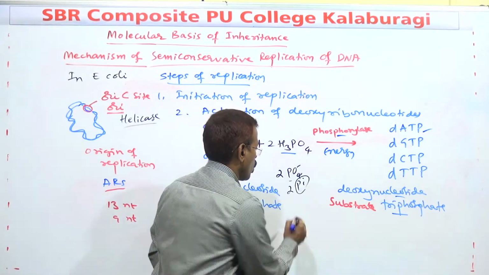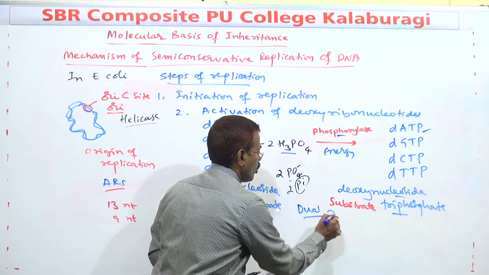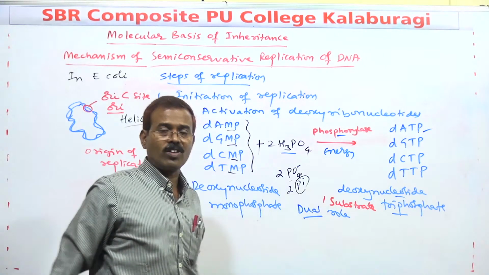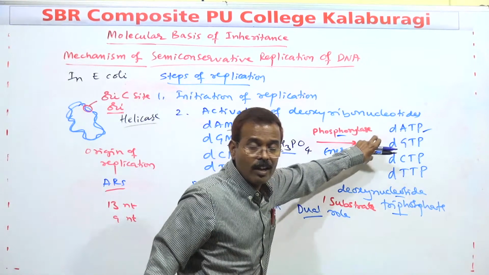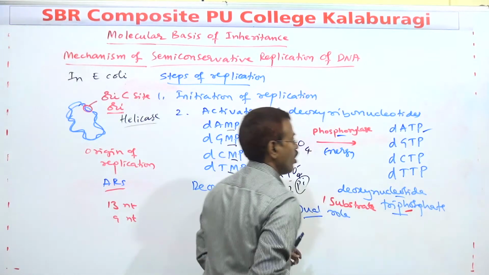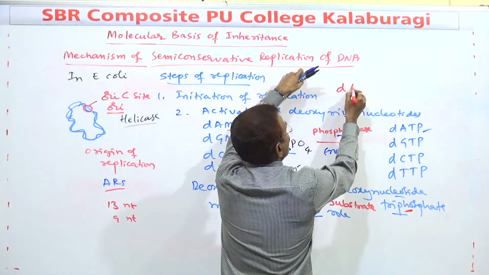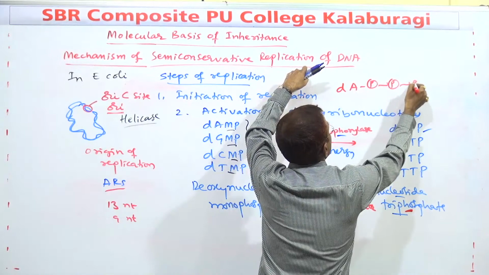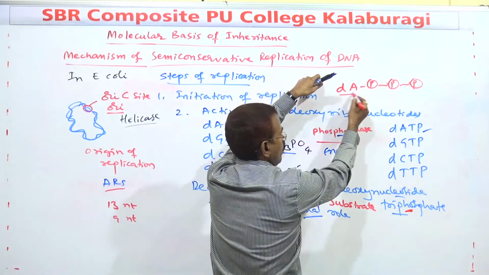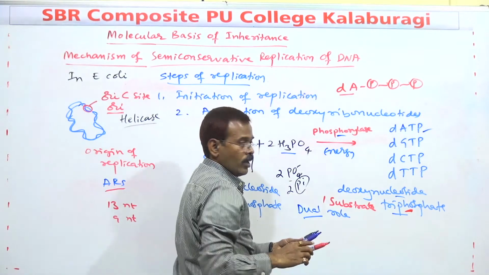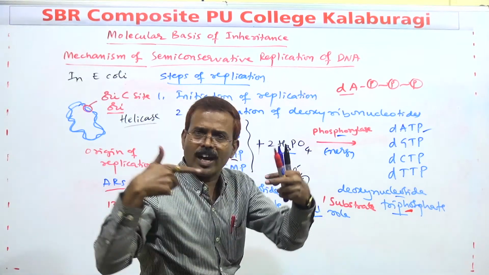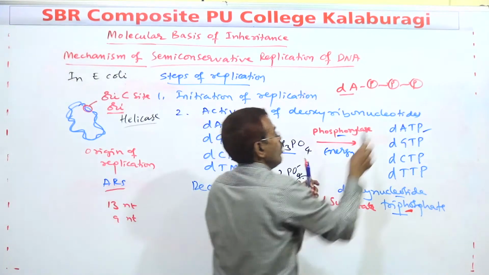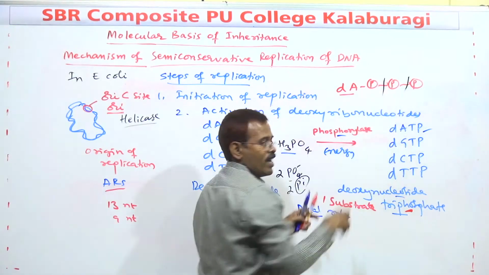They have a dual role. Dual role means two roles. One is they are used as substrate, as nucleotide. Take deoxyadenosine triphosphate: this is the nucleoside, and these are the three phosphates. Nucleotides are added basically in monophosphate form only. But what happens here is there will be breaking of terminal phosphate groups.